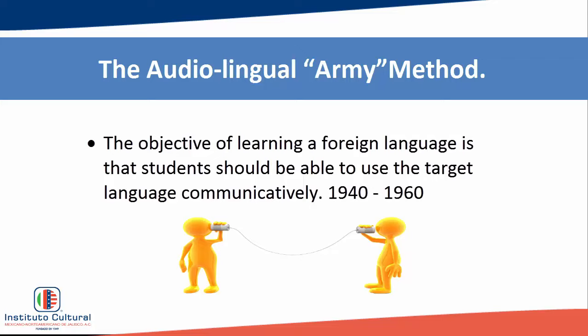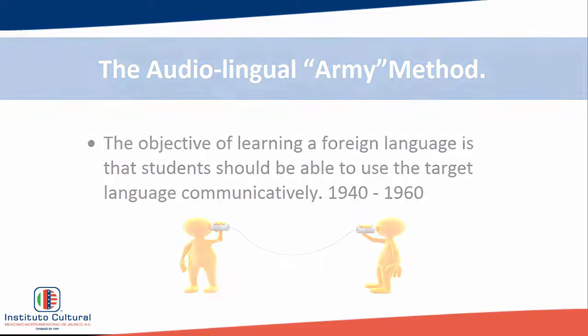The learning of a foreign language should be the same as acquisition of the native language. The rules necessary to use a target language will be figured out or induced from examples. Speaking is more basic to language than the written form. The natural order of skill acquisition is listening, speaking, reading, and writing.